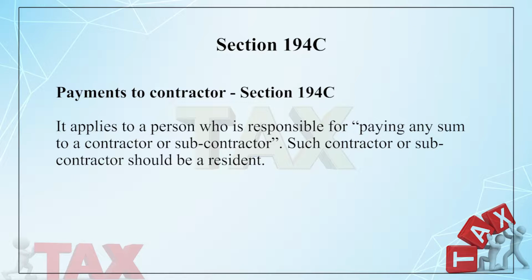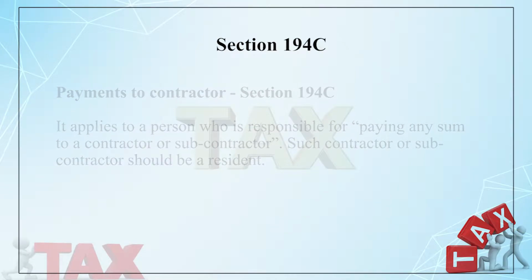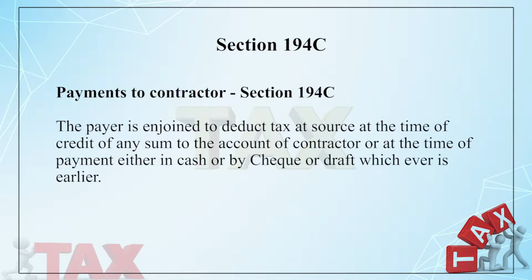And what is deduction of tax from works contract, or on a job? The section is very precise. It says if there is a job being awarded, it is a TDS for the payment to the contractor and subcontractor. So first let us understand what is that job, what is that work.